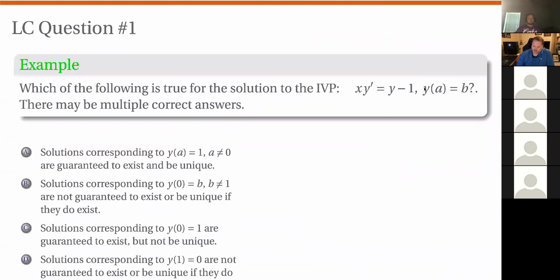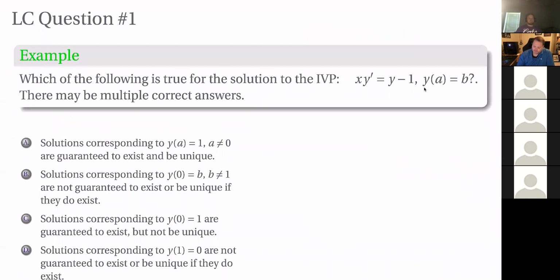So looking at this particular problem, the proper way to consider this would be y prime equals, divide by x, y minus 1 over x, which is 1 over x times y minus 1 over x. So this is your function f of x, y.